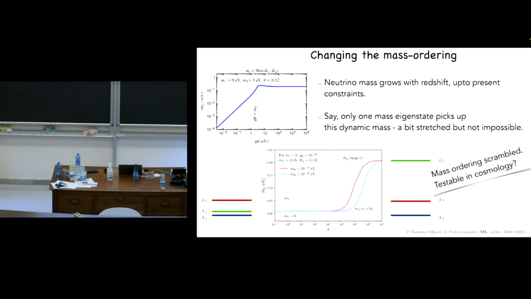Well, at earlier redshift, if you have very, very precise measurements of the power spectrum, for instance 21 centimeter surveys, which can give a very precise measurement of the power spectrum at different redshifts, maybe you can see the kinks in the power spectrum and see a change there, from one hierarchy to the other.